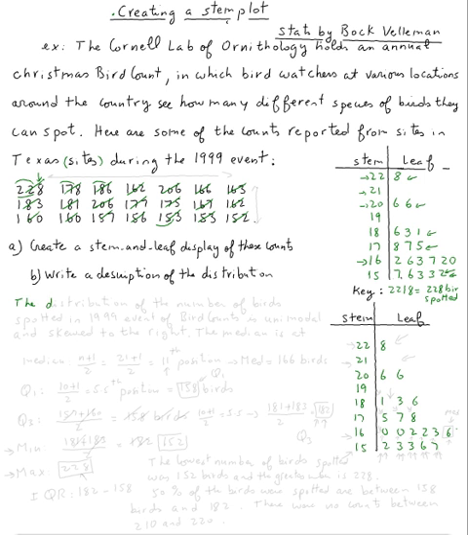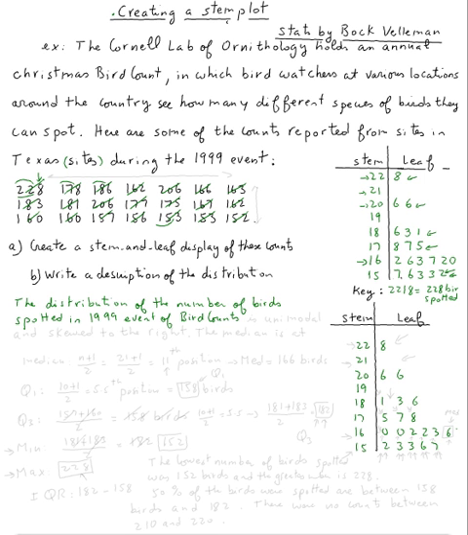So, the distribution of the number of birds spotted in the 1999 event of bird counts. Right? So that's the distribution we are trying to describe.